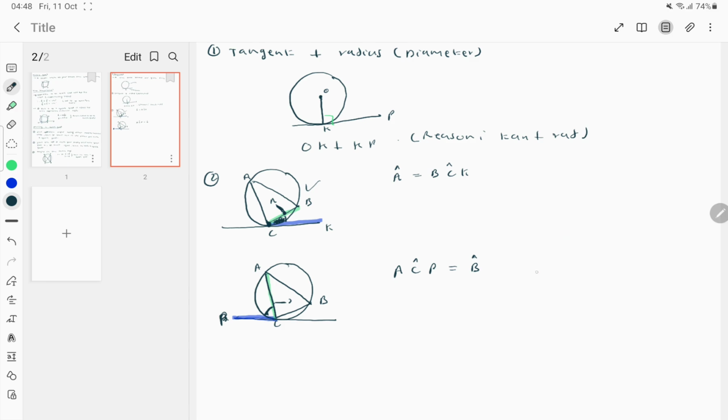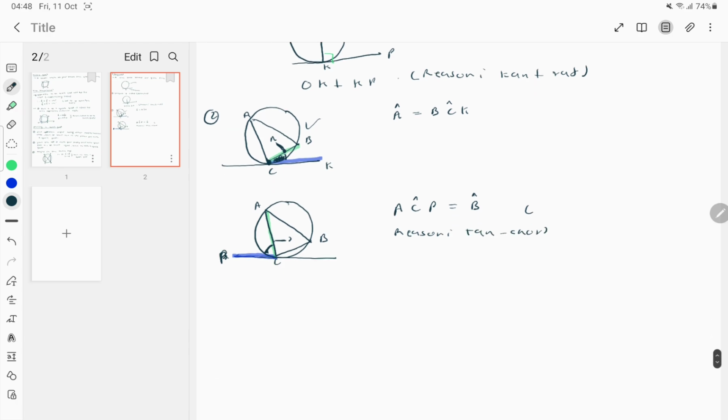Whenever you use this theorem, your reason would always be what? Tan chord. So for the reason, you just write tan chord. Maybe that's why I like it, because it has a short reason.